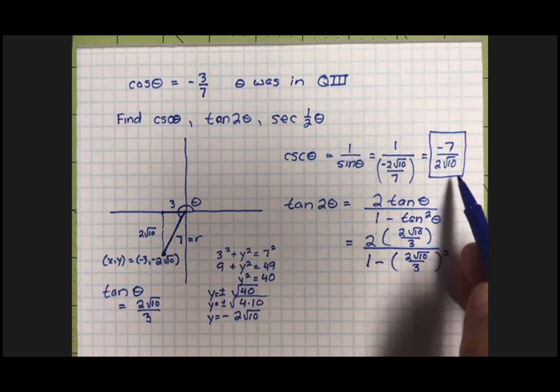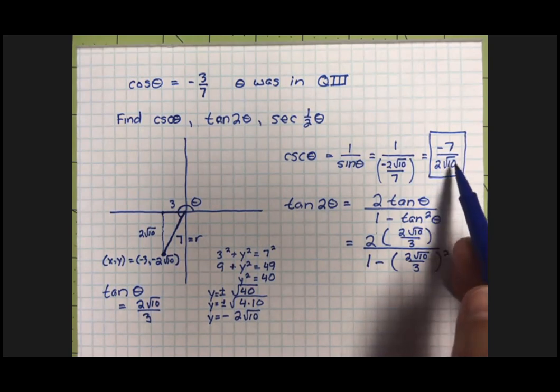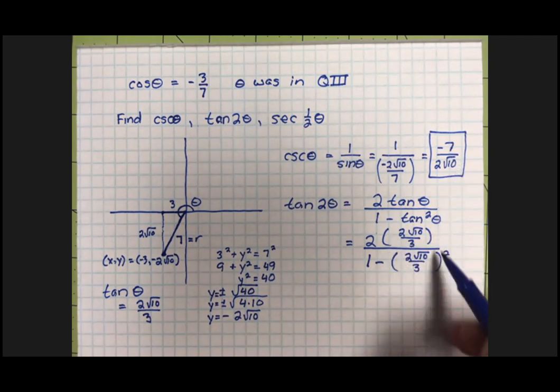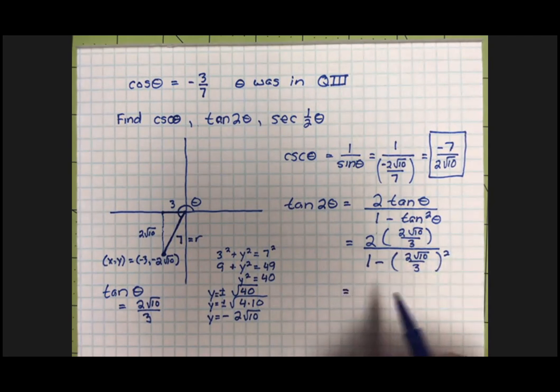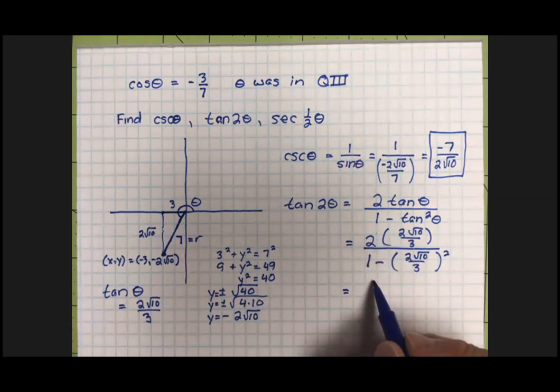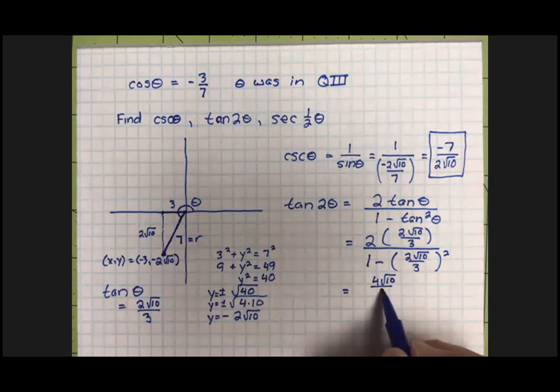Now let's not do rationalizing denominator. I don't have any problem with you leaving the radical in the denominator if they don't specify otherwise. But I can't leave fractions inside fractions. This is kind of messy, so let's clean this up a bit. Up on the top, I got 4 root 10 divided by 3.